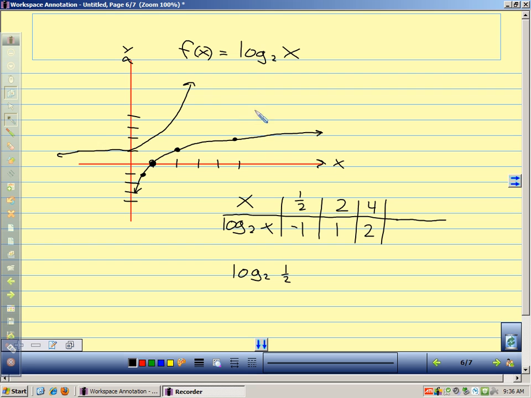So if we reflect over the line, this is an exponential function, and this is my logarithmic function. And like exponential functions, our logarithmic functions transform just like any other function.